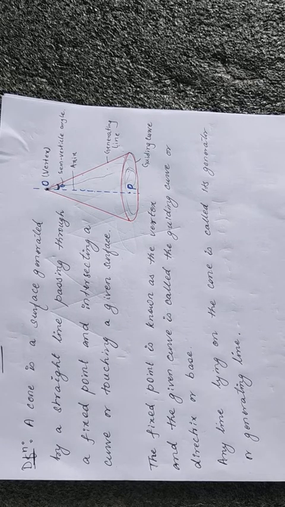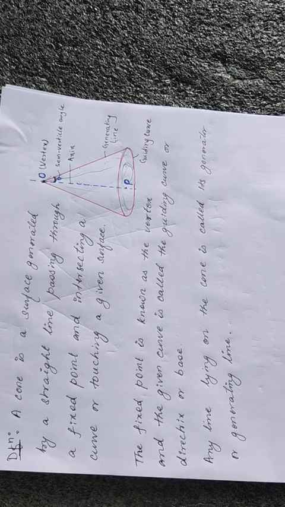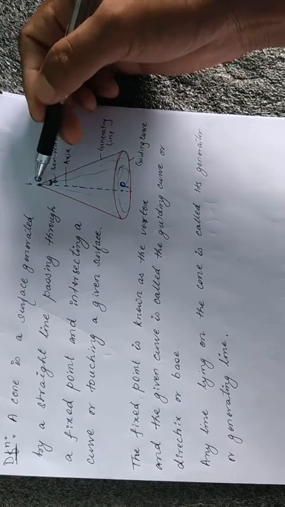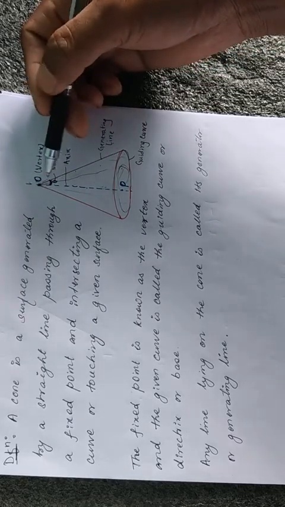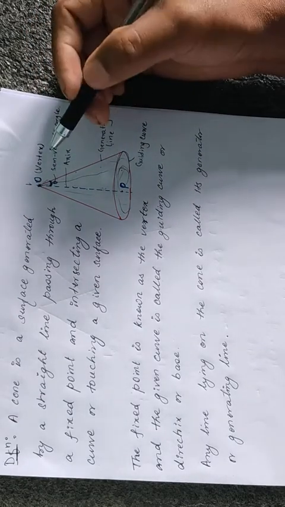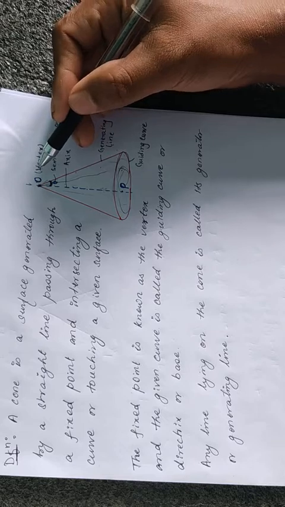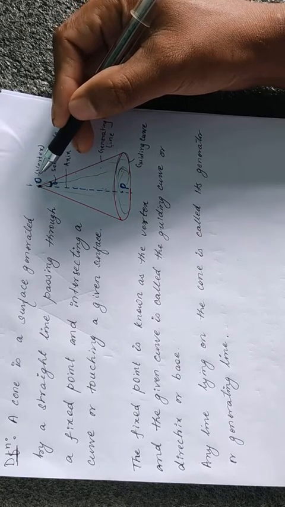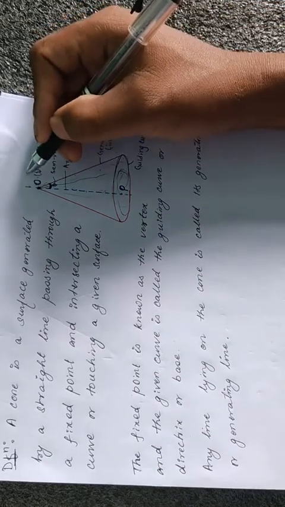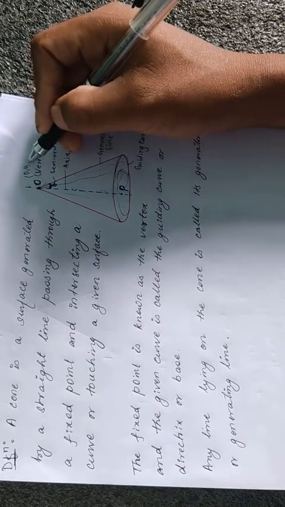Now let's see the equation of cone. Before going to the equation, if we see this line OP, the axis OP, suppose the coordinate of the vertex O is at the origin, say 0, 0, 0.